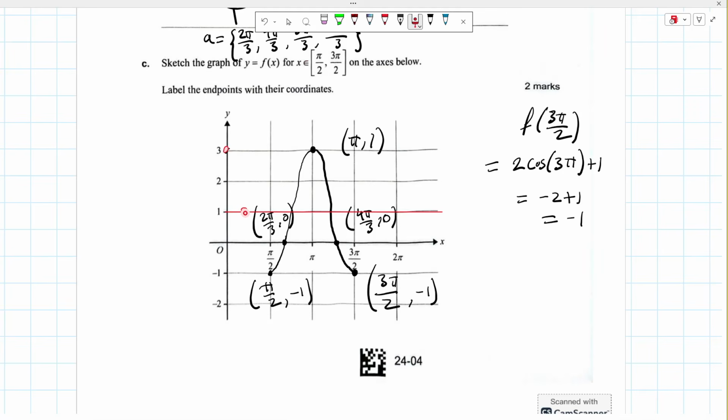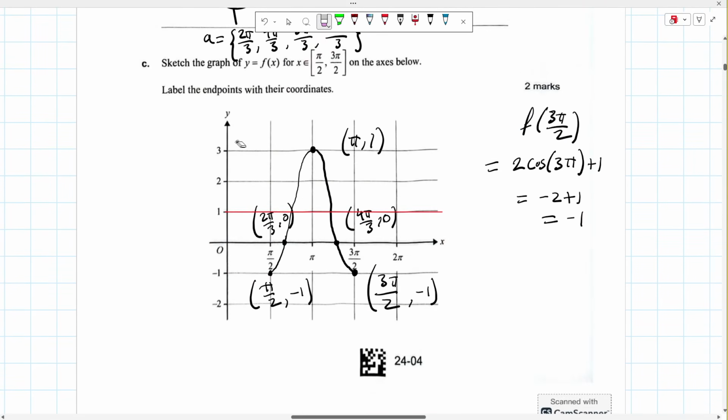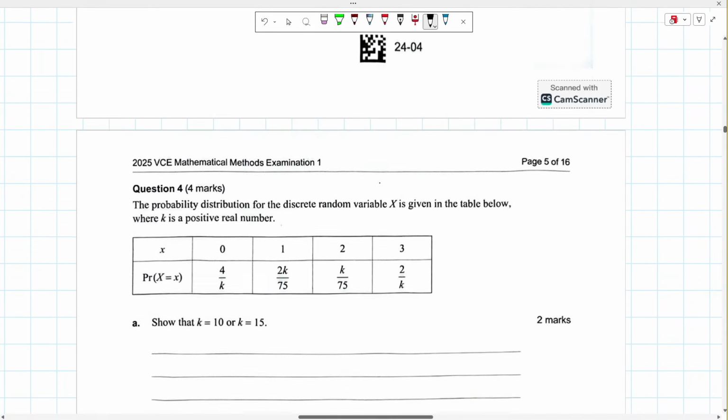Then another quarter of the period later, that would be at pi on 2, it would be at its minimum. Then another quarter of the period later, it would be at the middle line at 3 pi on 4. And then another quarter of the period later, it would be at its maximum, which is at pi. So that's how we found it out. Use the quarter period. It really does help.